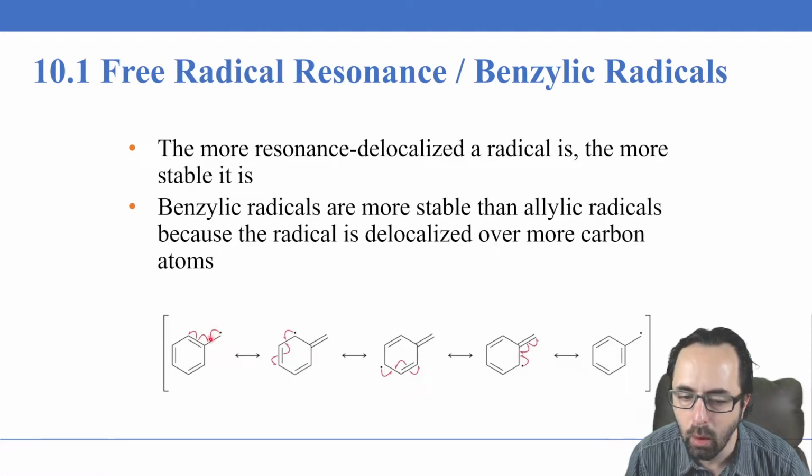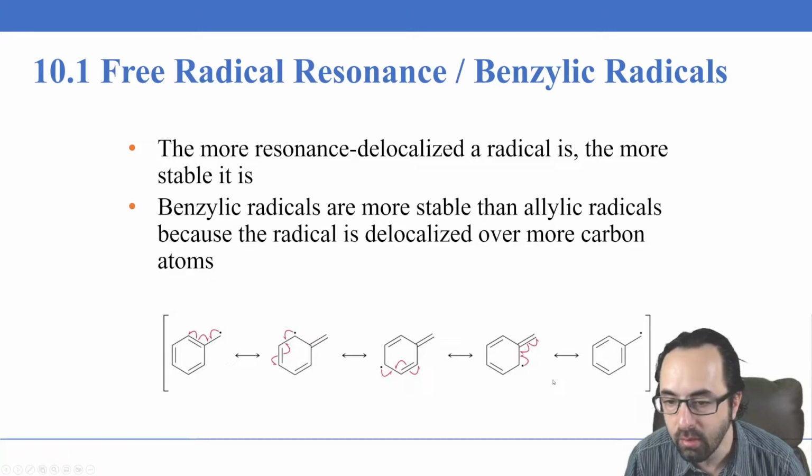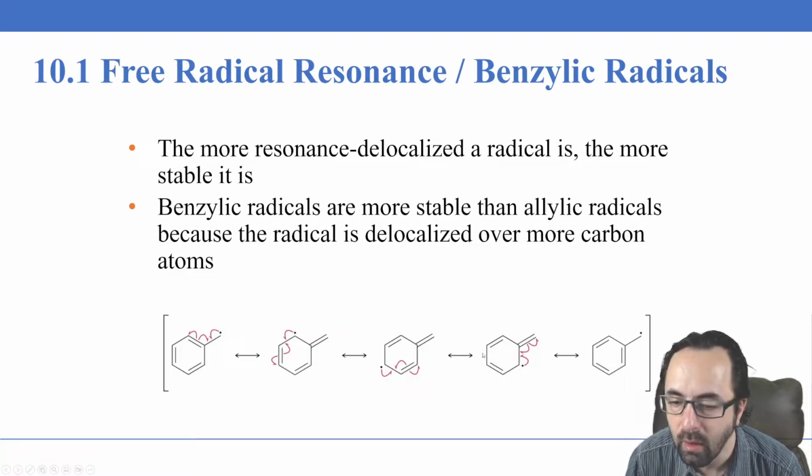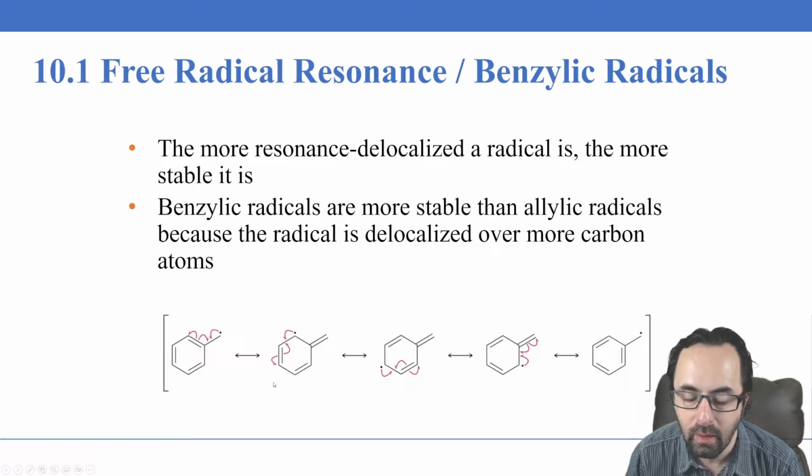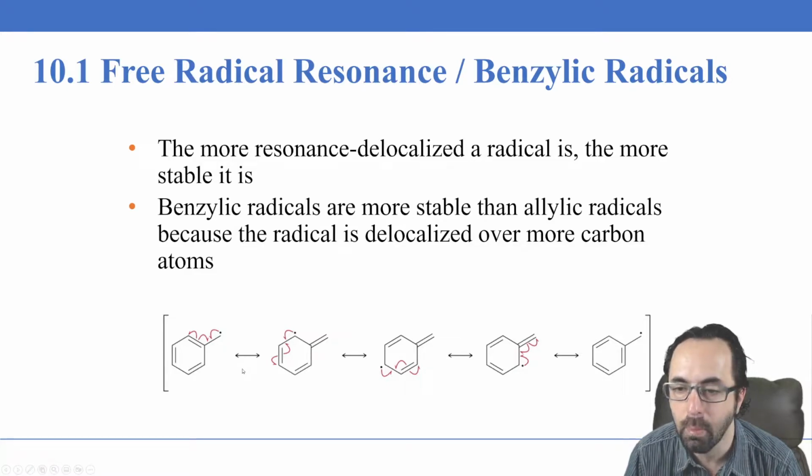And then we put the one electron from the radical that's involved in the pi bond, and then the one remaining electron goes on the other carbon that was involved in the double bond. And then likewise, we can keep doing this all the way around the ring to get 5 different resonance structures. So benzyl radicals are massively stabilized by resonance, similar to how a benzyl carbocation is stabilized significantly due to resonance.